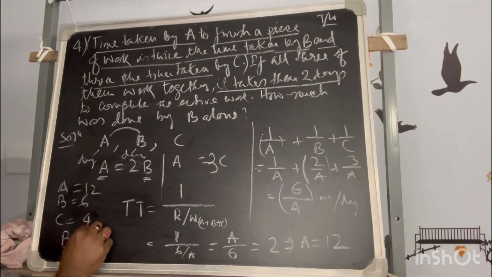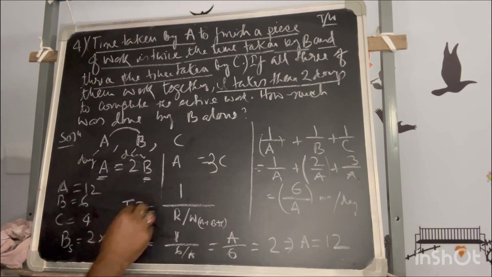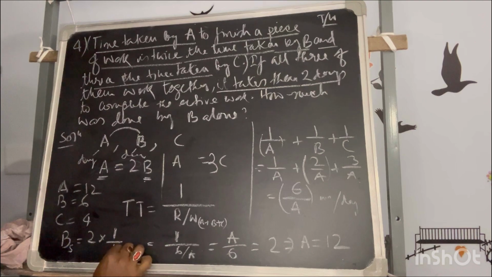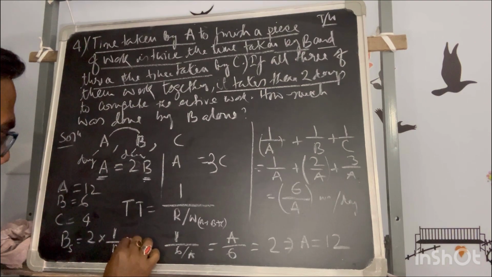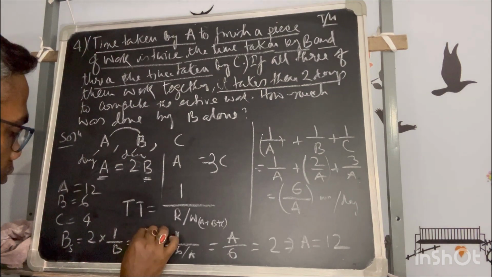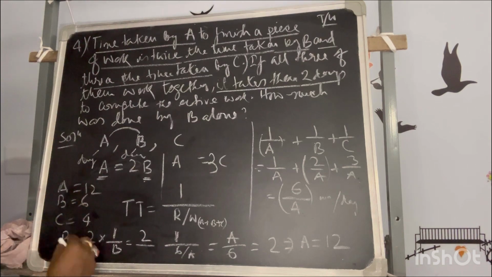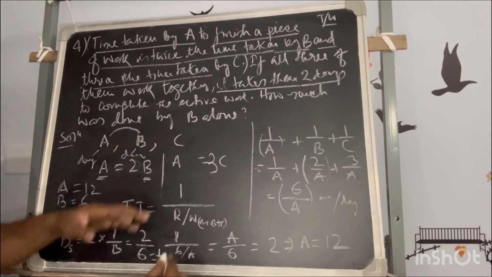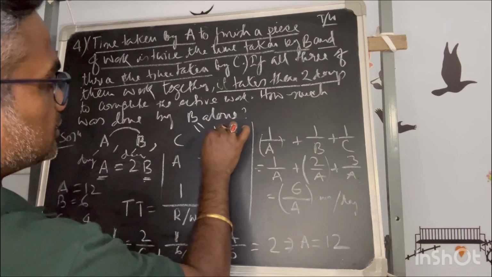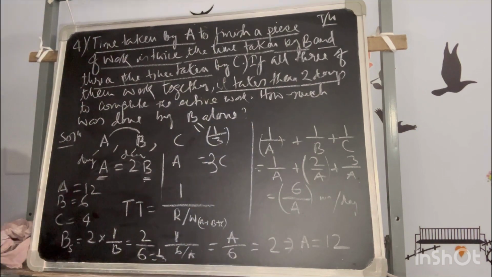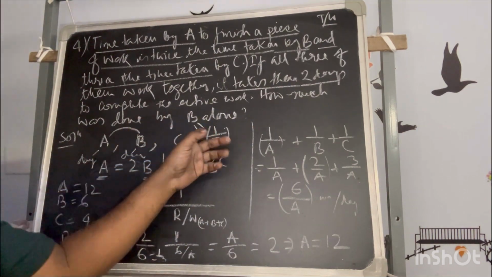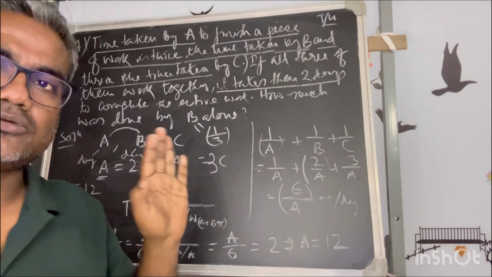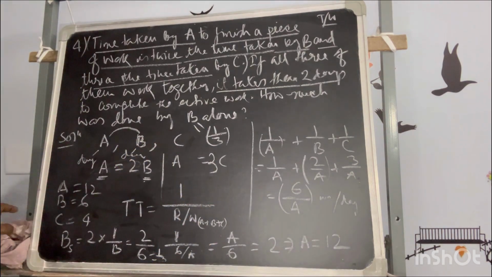B's part is 2 into 1 by B, so 2 by B is equal to 6. So that is 1/3. B is doing 1/3 of the complete work, so this will be your answer. Understand? Okay.